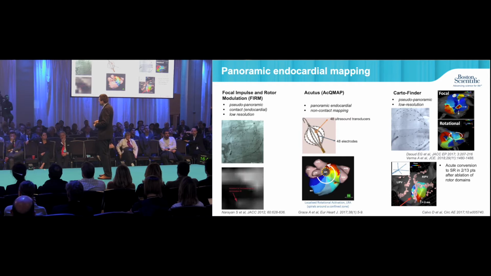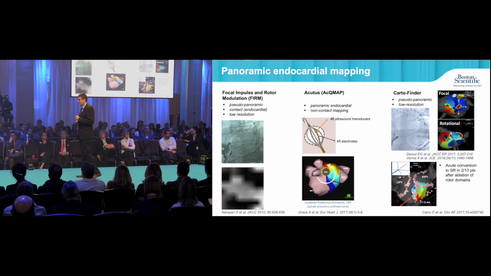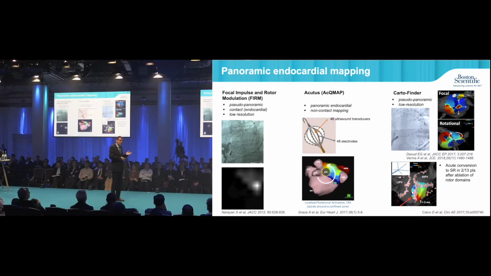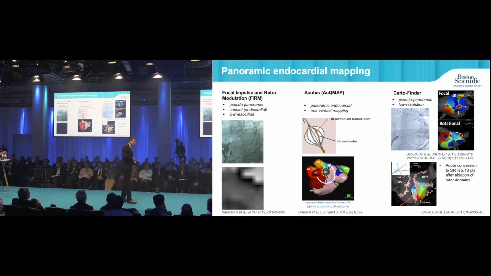A more recent system is the Acutus system, which is still panoramic but a non-contact endocardial mapping. The experience is very limited, but we have seen in the literature some very nice examples of localized rotational activation sites. Biosense Webster also invested in a software module called CartoFinder, which had several different versions.